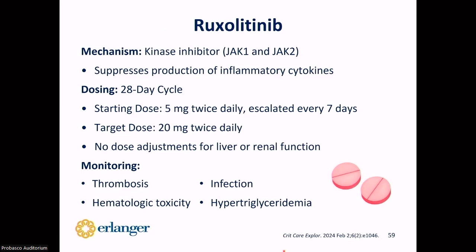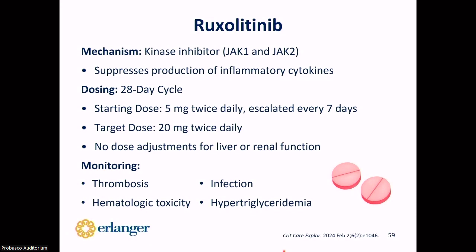So moving on, they mentioned ruxolitinib. This is a kinase inhibitor. It targets both JAK1 and JAK2, and its role is to block downstream transduction of the JAK-STAT pathway, attenuating the action of multiple key inflammatory cytokines, including our interleukins. The study that I'm going to present dosed ruxolitinib based off a 28-day cycle.